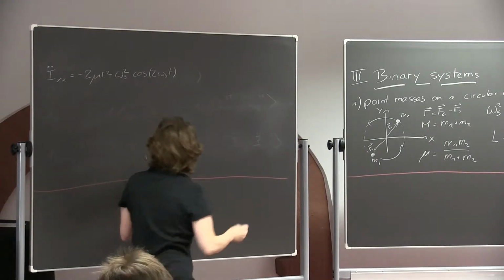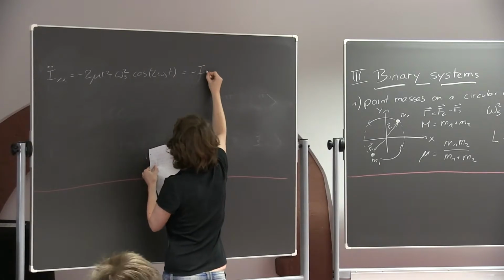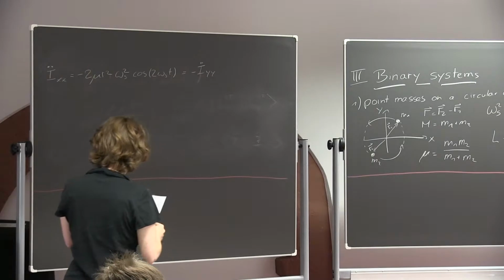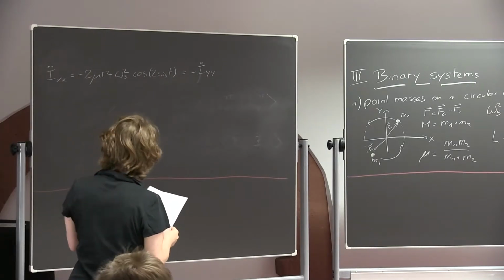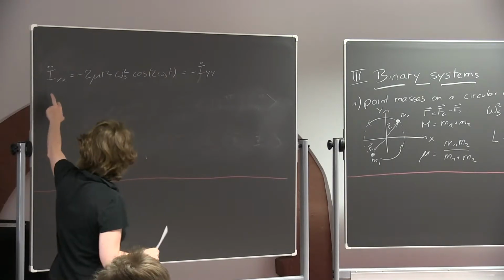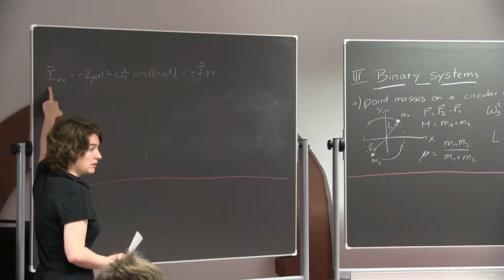And that is, of course, exactly minus I yy double prime. So that already tells you that this I double prime object is traceless.